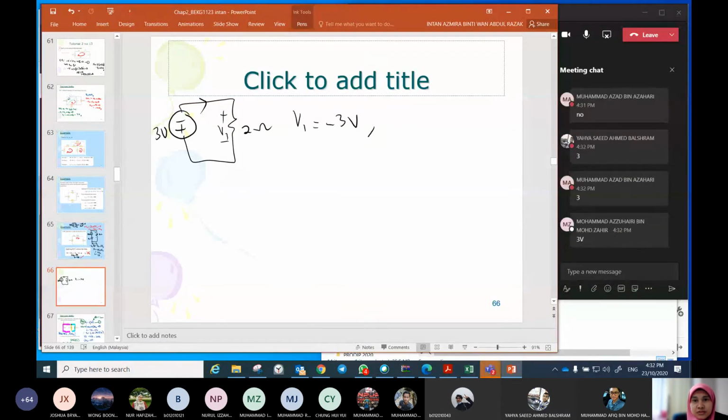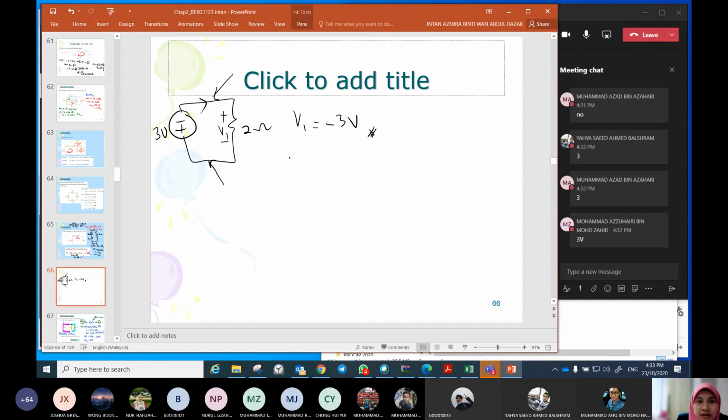V1 is minus 3 volts, because negative, positive, positive, negative. If we take the multimeter here, positive probe here, negative probe here, the voltage read by 2 ohm is minus 3 volt because the voltage source is connected opposite with 2 ohm. If the terminal here is positive, same as this, V1 will be 3.